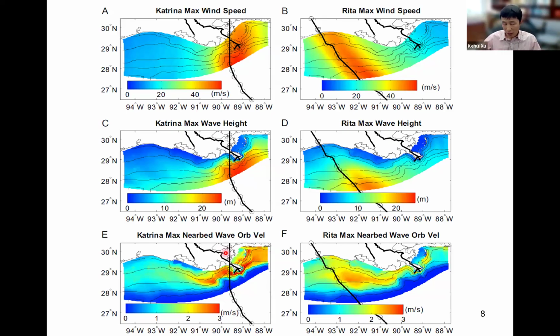That's number one. Number two, regarding the long-term contribution from either fair weather, cold fronts, or hurricanes, it depends on lots of factors. I know some scientists study the impact of the sediment transport using synthetic hurricanes.